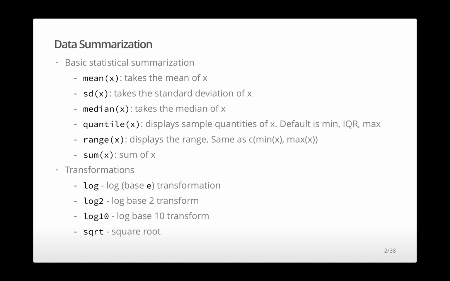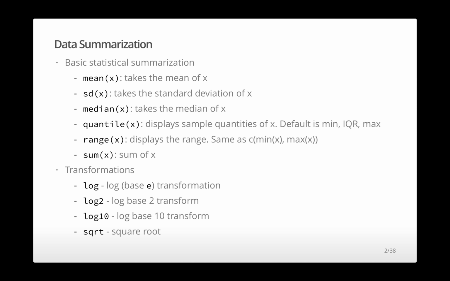Basic statistical summarization, more or less. If you want to do it, there should be a function or a way to get that estimate. Okay, mean, standard deviation, median, quantile, range, sum, passing in vector values gives you that back, right? Mean is mean, SD, VAR is var for variance.